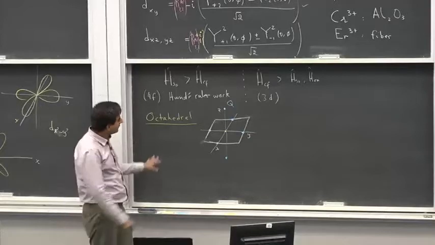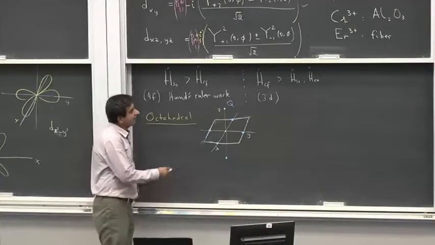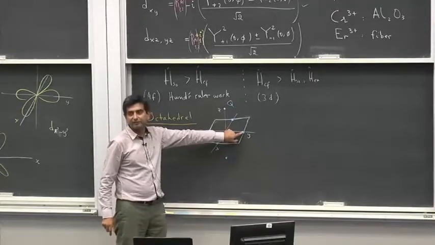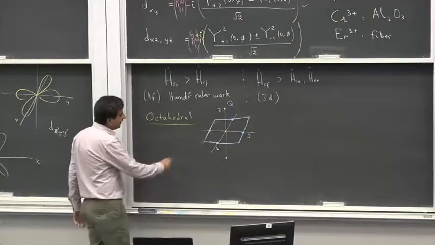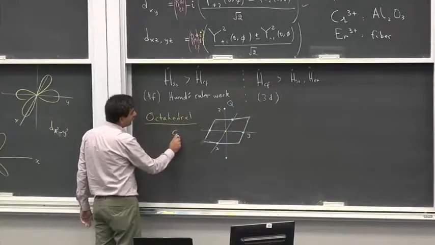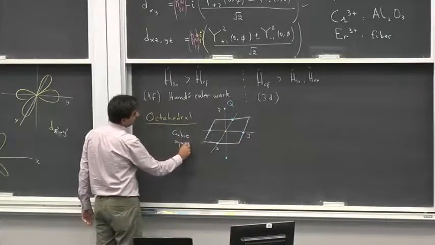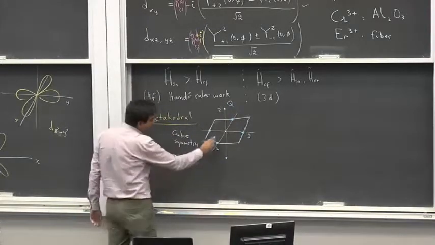Now this is the octahedral environment. In the octahedral environment, the distance of the ion from each anion could be the same or different. If it's the same, we call it an octahedral environment with cubic symmetry. Let's call this distance d.